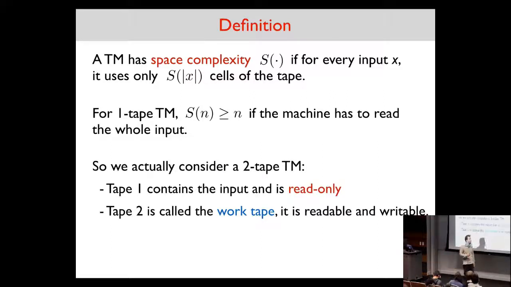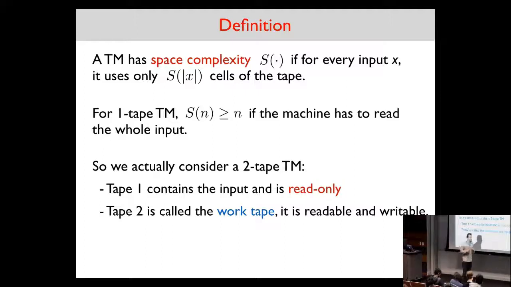Okay, so we're going to have 2 tapes. We're going to consider a 2-tape Turing machine. The first tape is going to be reserved for the input. So the input is going to be written on the input tape. And this is a read-only tape, in the sense that the Turing machine is not allowed to write on it. Okay, it's only allowed to read from it. And then there's a second tape, tape 2.